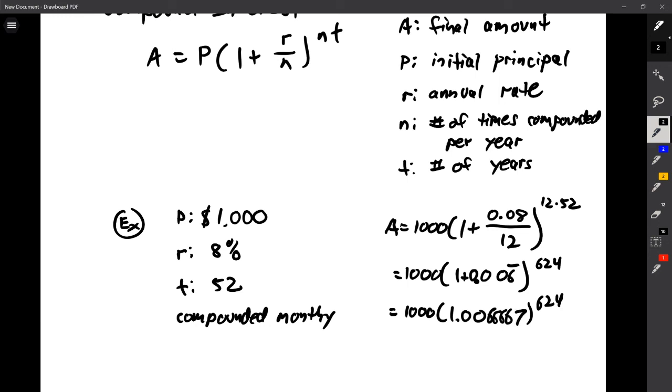Now I can do 1.0066667 to the power of 624. And what I get is 63.194.